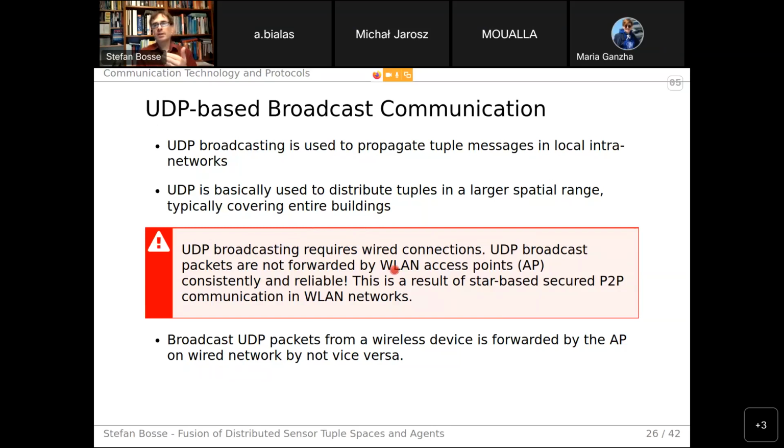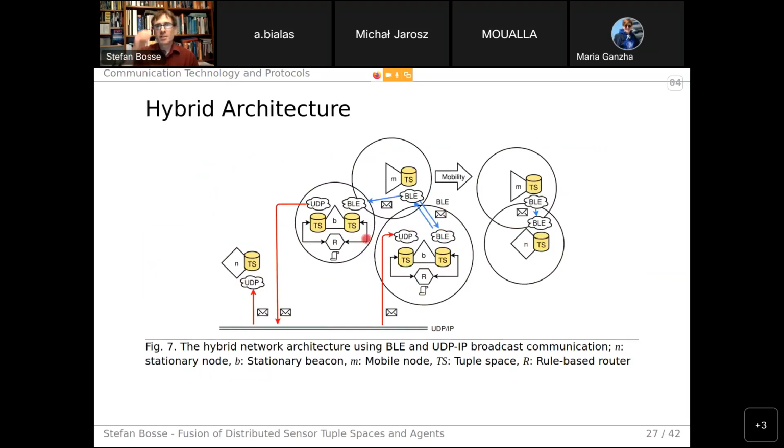And Wi-Fi WLAN access points will not distribute or broadcast messages or broadcast packets. They do this on a really unreliable basis. So UDP is basically for wired connections, from beacons, computers, embedded devices, connected wired to the intranet of a building, for example. Yeah, here you see the concept.